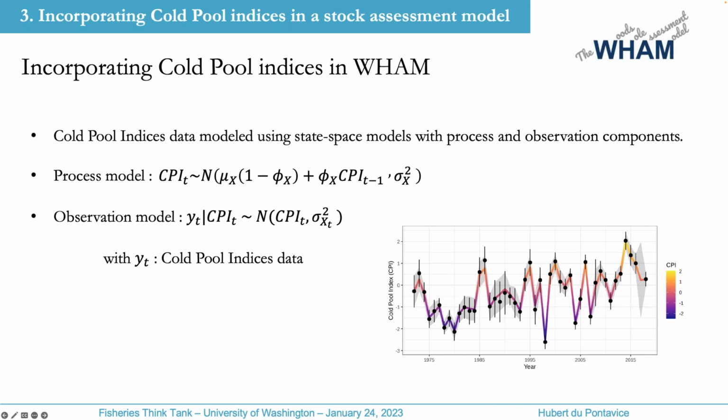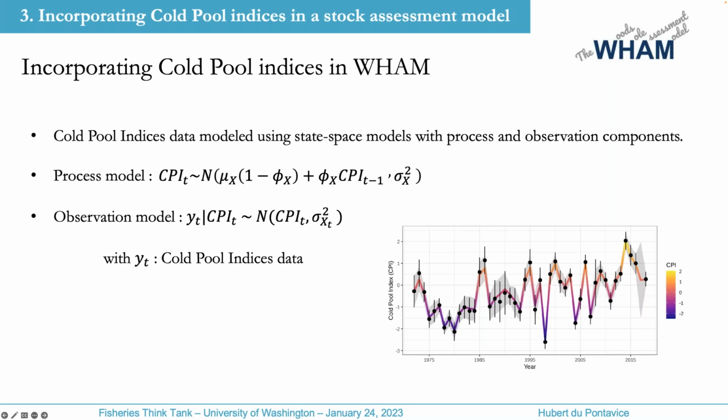So in the process model, cold pool indices are modeled as first-order autoregressive processes, but it can also be a random walk. And the state-space structure implies an observation model to include the cold pool indices, which are considered as observations. This structure has the advantage to include observation error and estimate process errors. And also, the model can handle missing values.